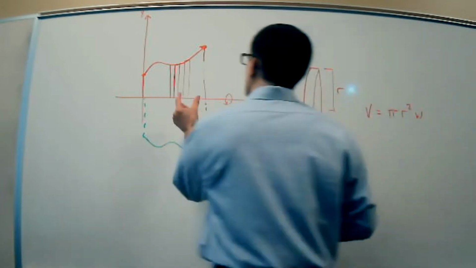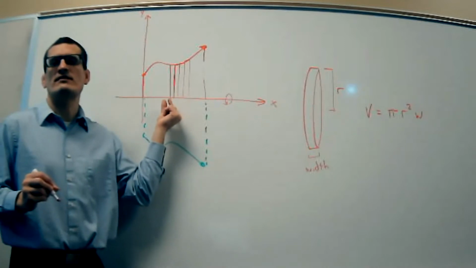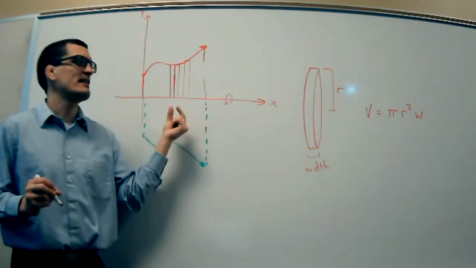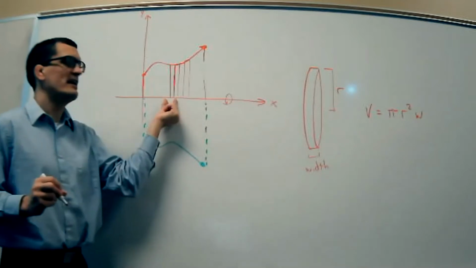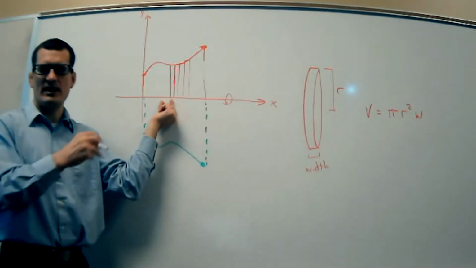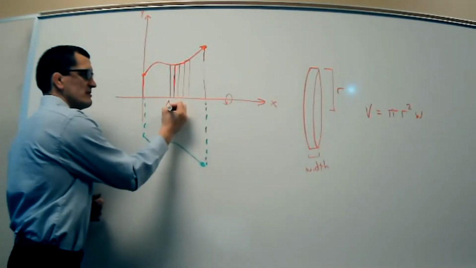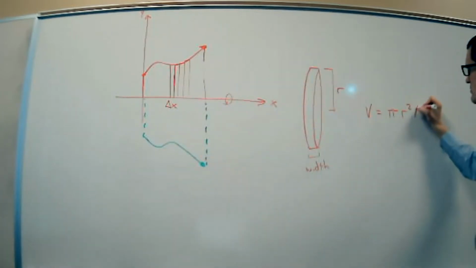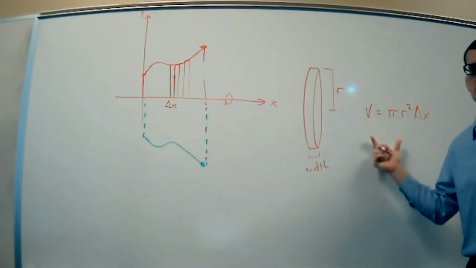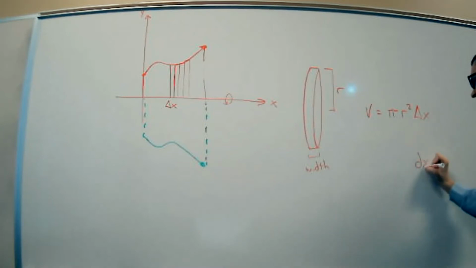Now, like I said, we're going to let these disks get thinner and thinner and thinner. In fact, we're going to let the limit of the width go to 0 and then add things up. So what's going to happen is this width, as you can see, since it's on the x-axis in the way I'm drawing it here, since the widths are going to be a change in x, when you add a bunch of those up and take the limit as the change in x goes to 0, this change in x turns into a dx.